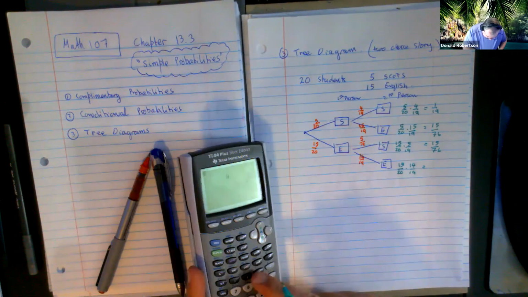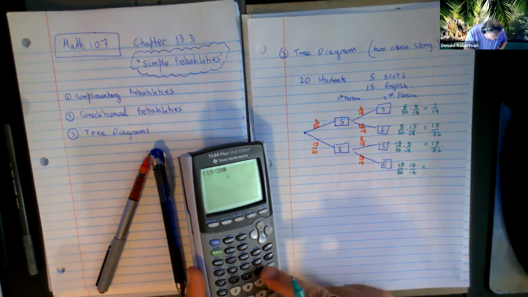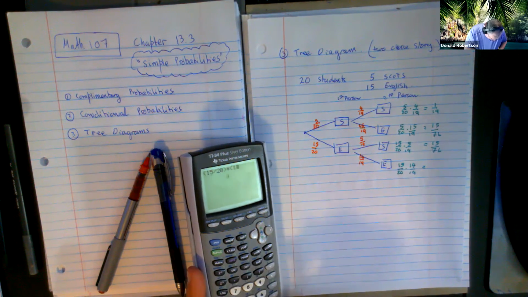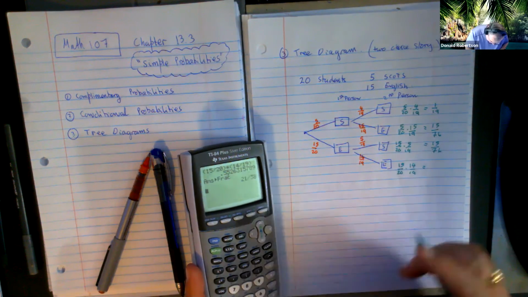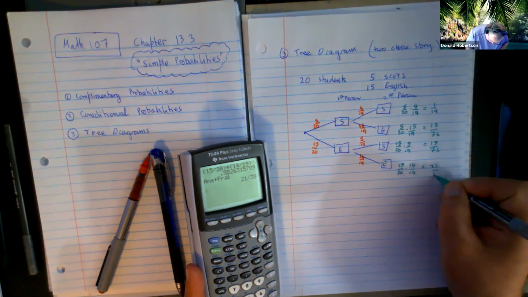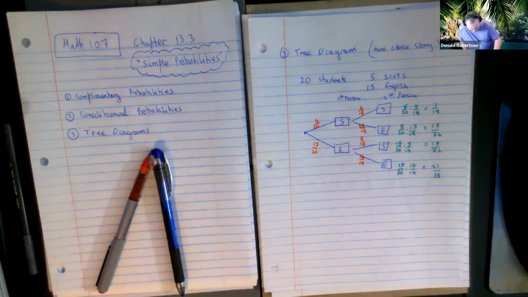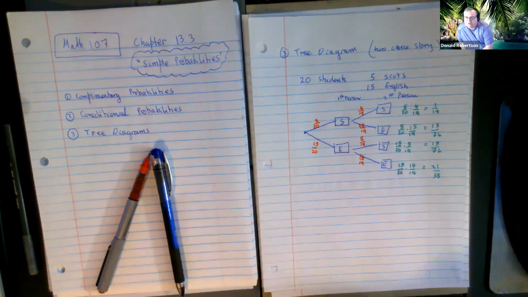And I'll put that fella, 15/20ths times 14/19ths, and the math button, and I get 21/38ths. So what I've done here is I've completed our first tree diagram.